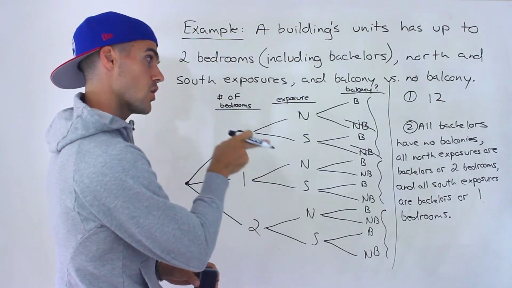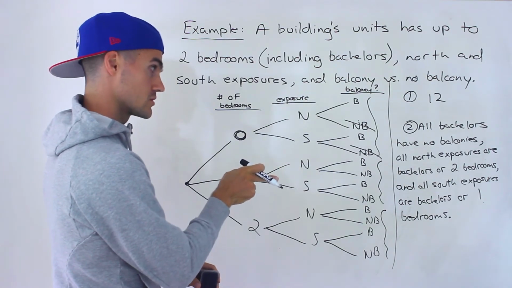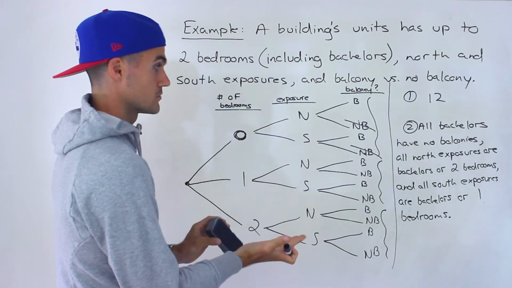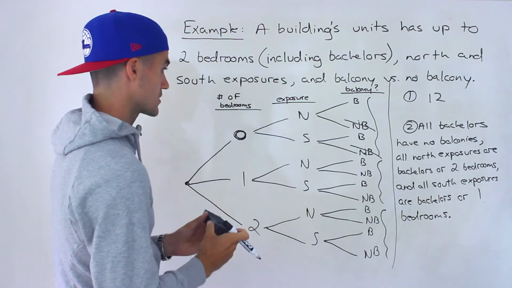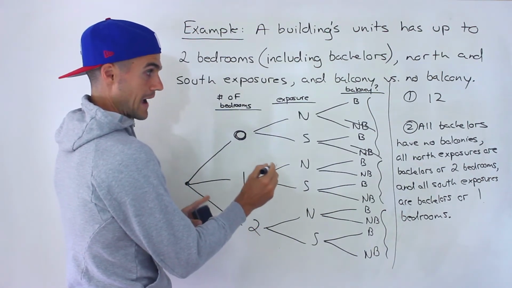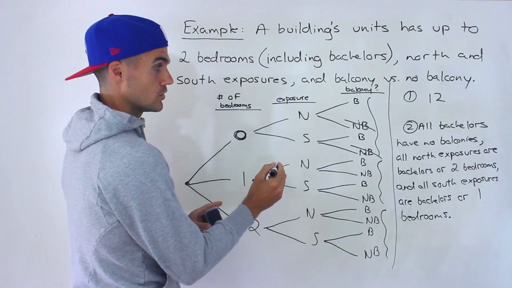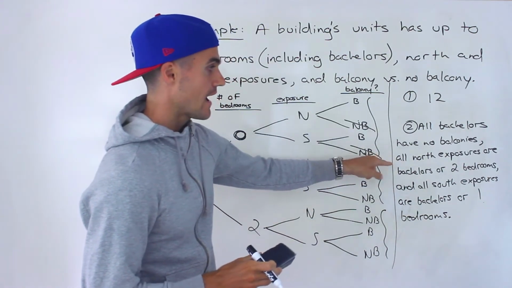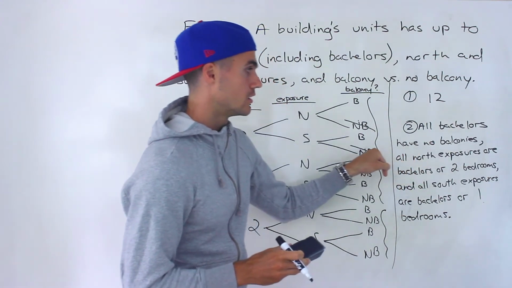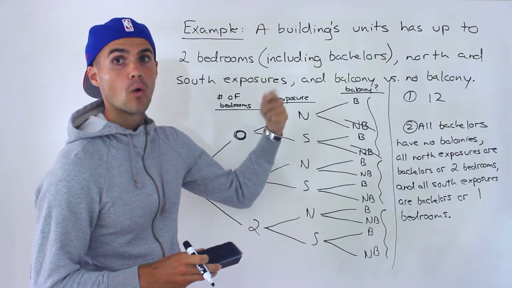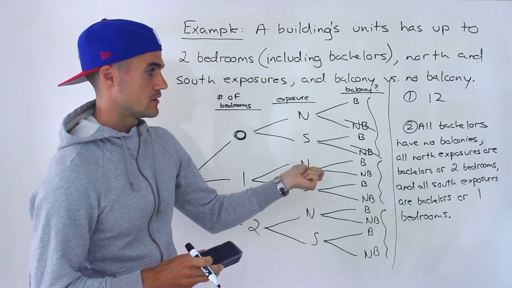Now the next says all north exposures are bachelors or 2 bedrooms. Okay, all north exposures. So all north exposures are bachelors or 2 bedrooms. So notice that from this wording, you can't have north exposures that are 1 bedrooms. Does that make sense?